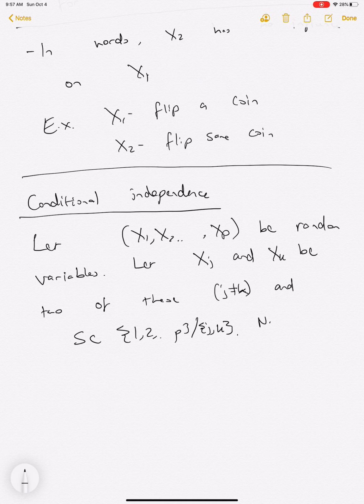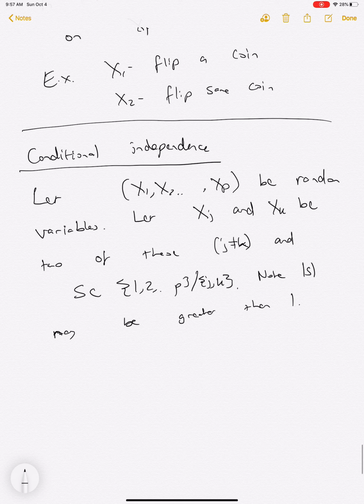So note the size of S may be greater than 1, so we're conditioning on potentially more than just one variable.